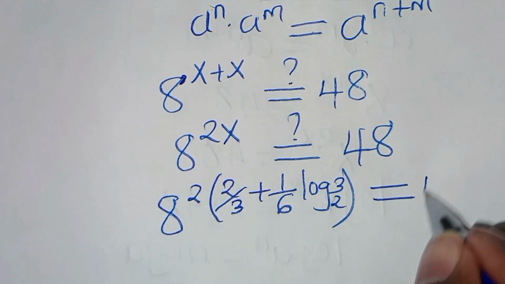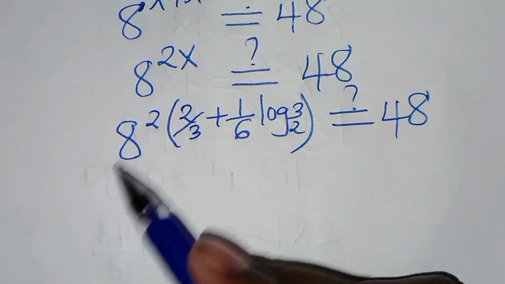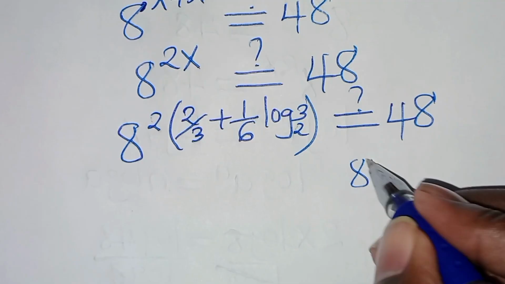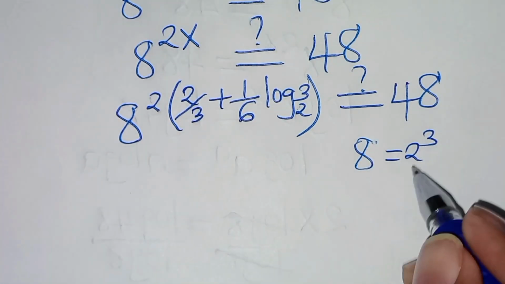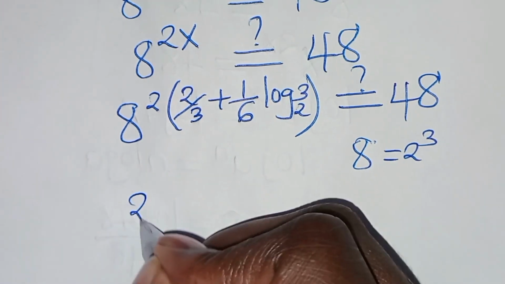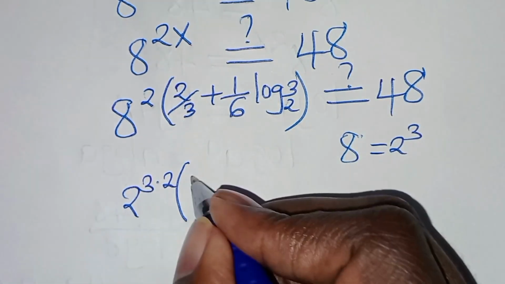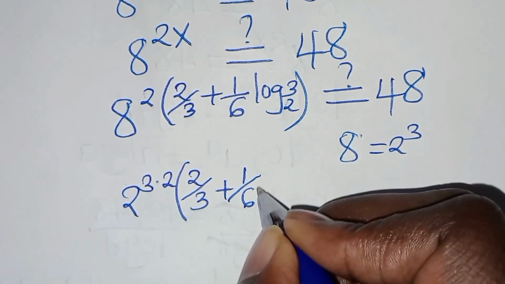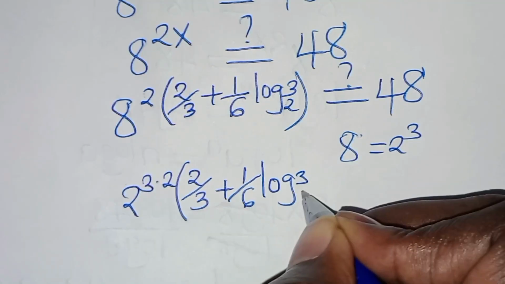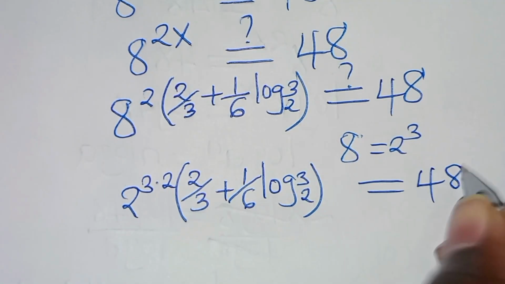This is supposed to give us a value of 48. From here, we can express 8 basically as 2 to the power 3. Let's substitute this 2 to the power 3 so that we have 2 to the power 3 times 2 into the parentheses. Value of x is 2 over 3 plus 1 over 6, this is log 3 to base 2. This is supposed to give us a value of 48.